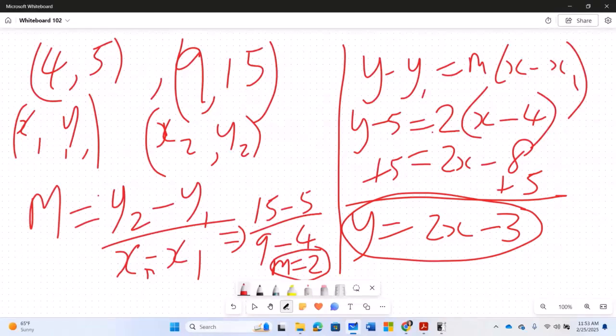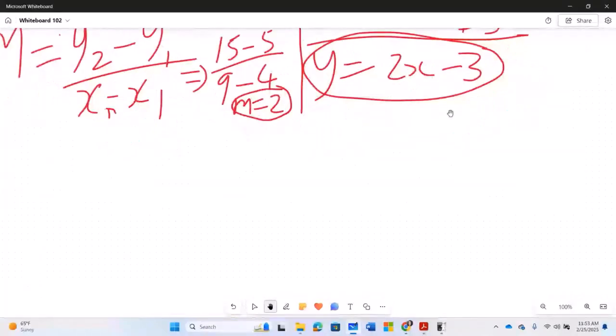Because everybody can plot those points, you have to grab that equation. So let's sketch that equation on a coordinate plane.